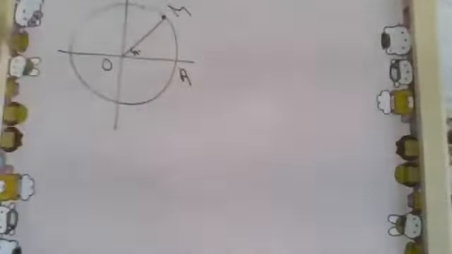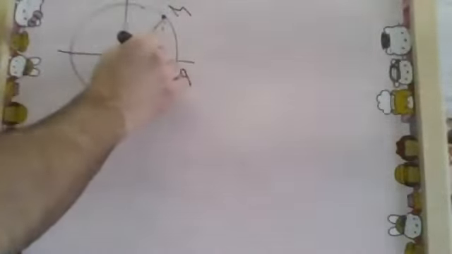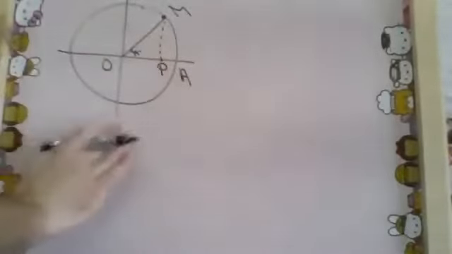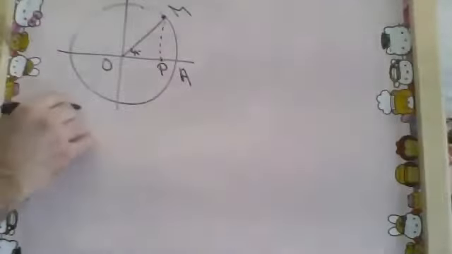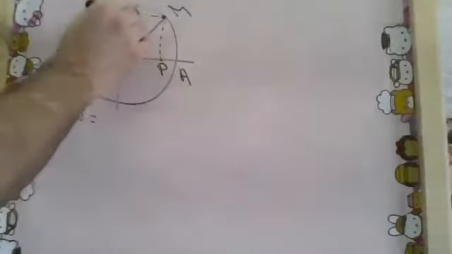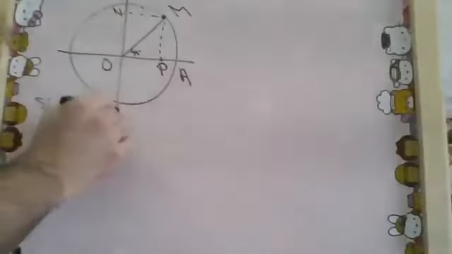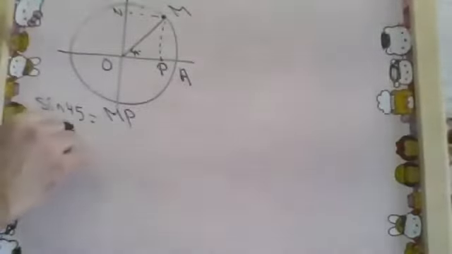Point down. Here we have 45. Point P. Sine 45 is equal to MP, and cosine 45 is equal to OP.